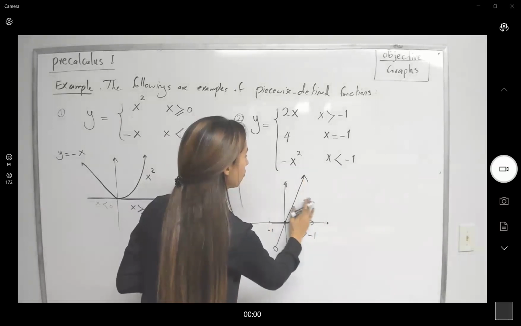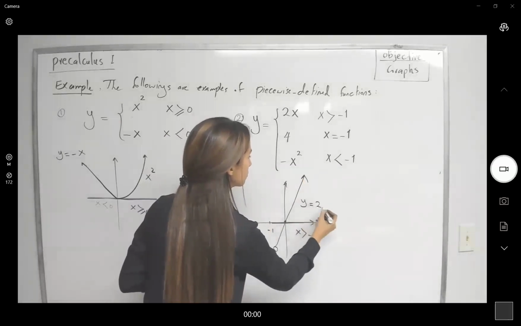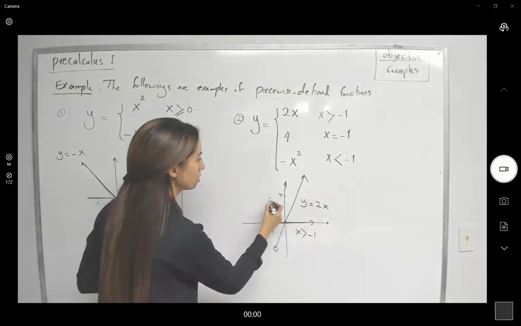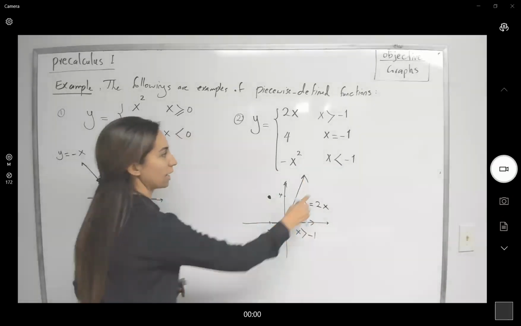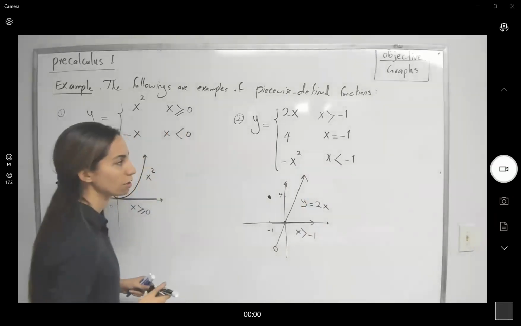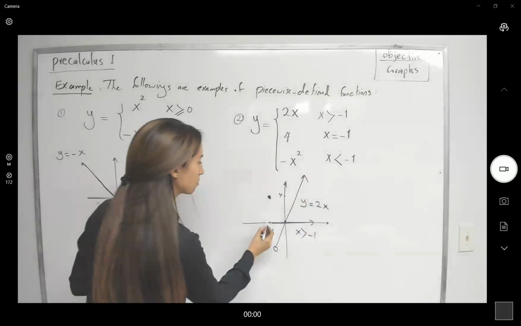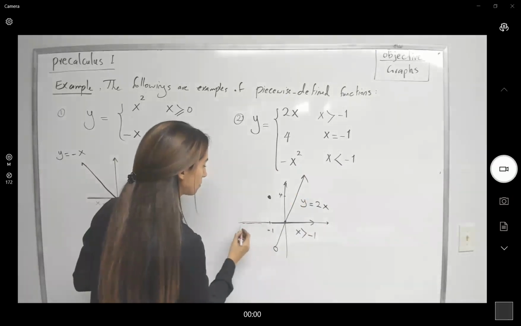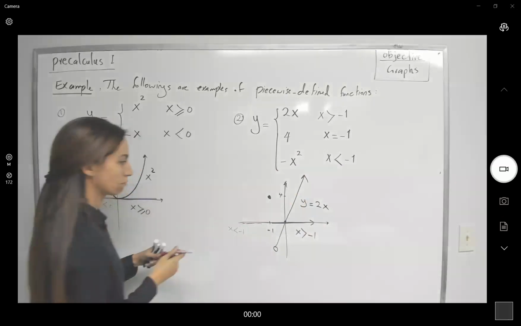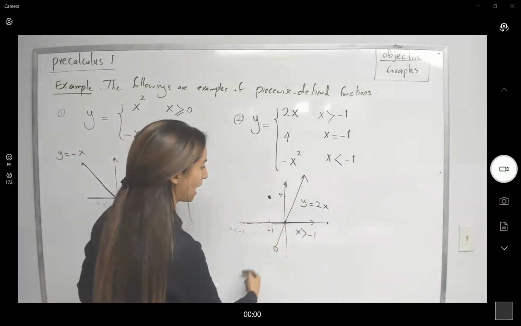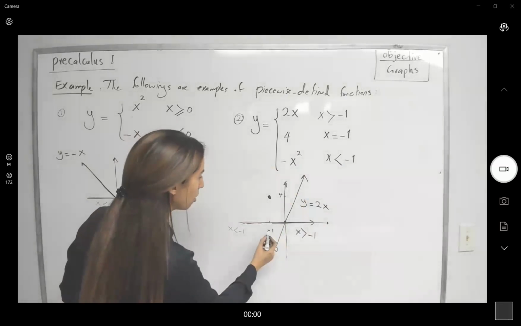So this is y equals 2x. At -1, I have 4. So 4 is here. So this is my 4. And when x is less than -1, I get -x squared. Well, here we know that x squared passes through this way. So some part of it is going to be like this.